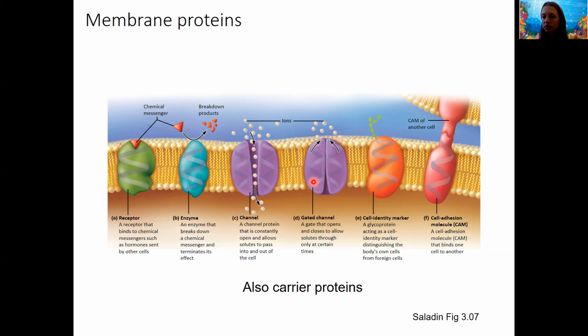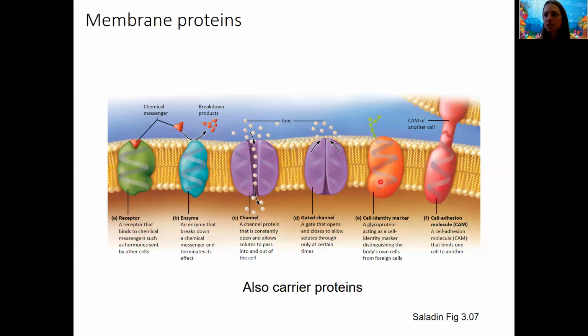Carrier proteins are a little bit different, and for some reason are not in this image. I'll get into those when we talk about glucose transport later in this lecture series. So these two types, as well as carriers, will be the focus of membrane transport, which is the focus of this week. I'll talk a little bit about receptors, and the rest of these we won't talk a whole lot about. These last two are related to those carbohydrate chains. We've got cell identity markers.